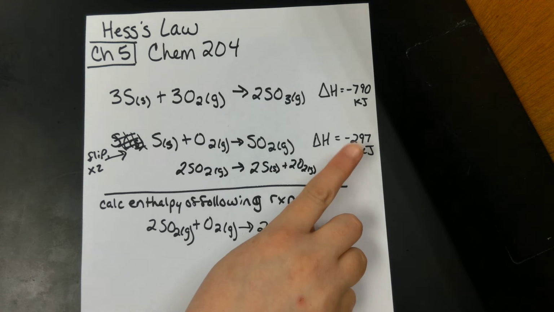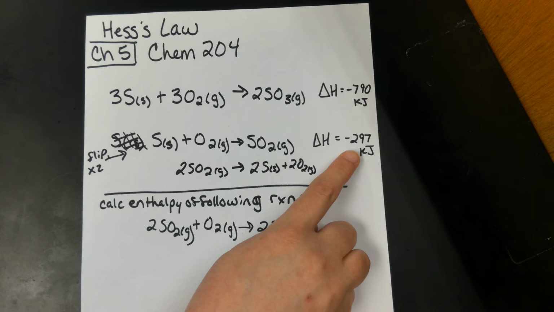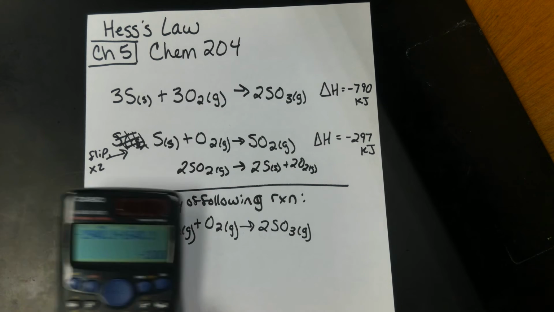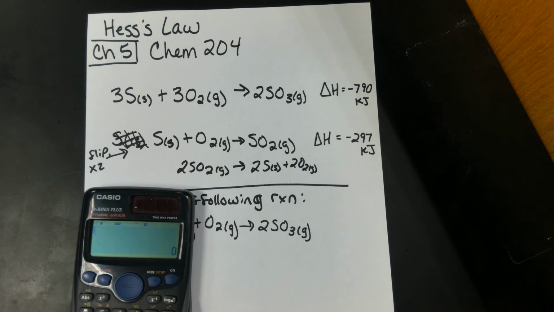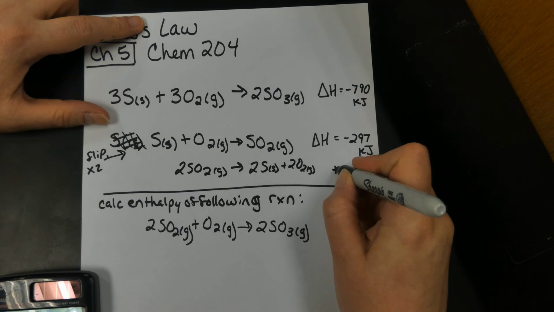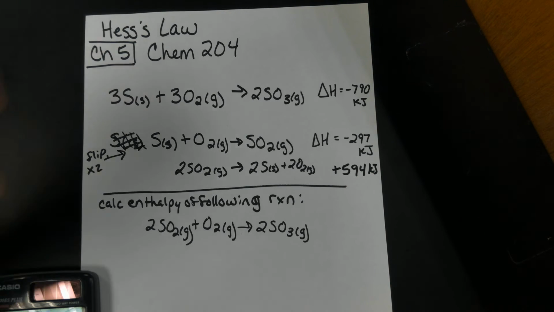Now, if I did that to this, what would happen? The sign would flip, but what else would I do? I would multiply it by 2. So what is 297 times 2? It would become a positive 594 kilojoule, right?